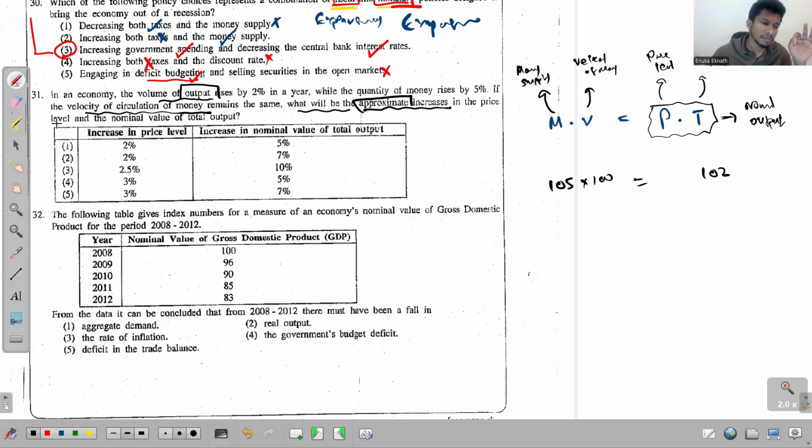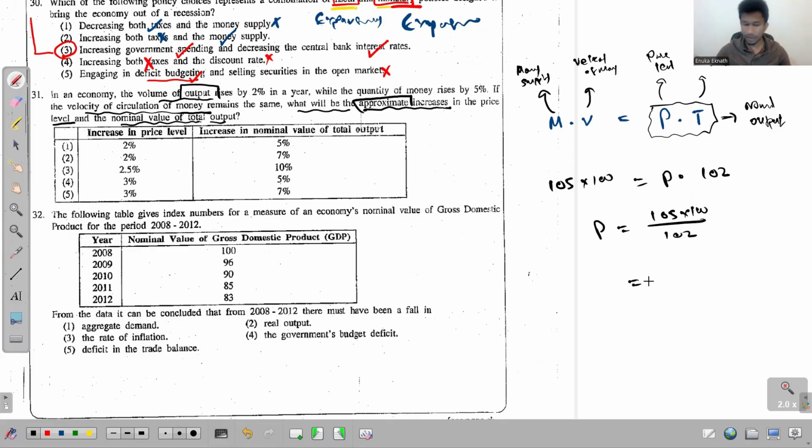Approximate increase in the price level and the approximate increase in the nominal value of output level, right? So simply you just need to find this P value. And how do we find this P value? P is equal to 105 into 100 divided by 102.